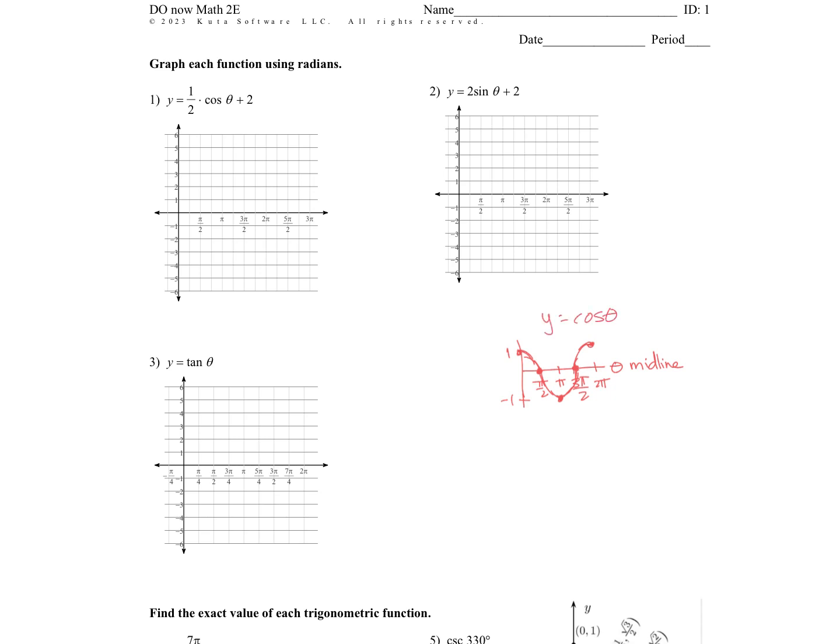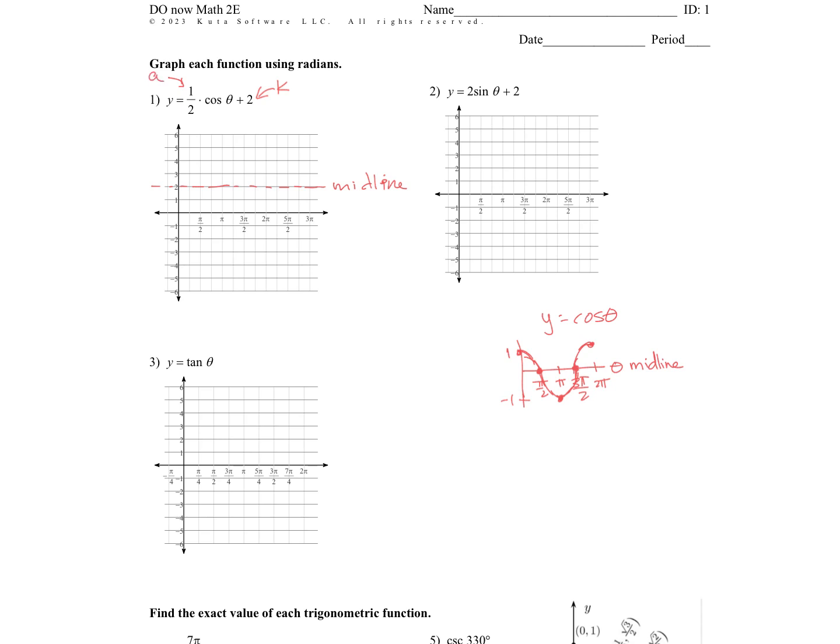So in the graph I'm trying to do, my midline is going to go up 2 because 2 is my vertical shift. So I'm going to go up to 2 and I'm going to draw a new midline. And when I draw my max and min, my amplitude is 1/2.